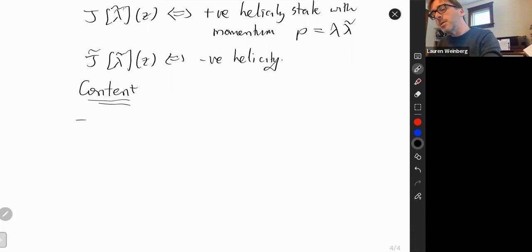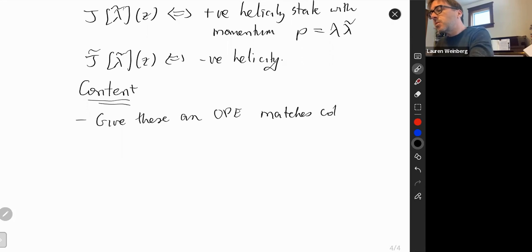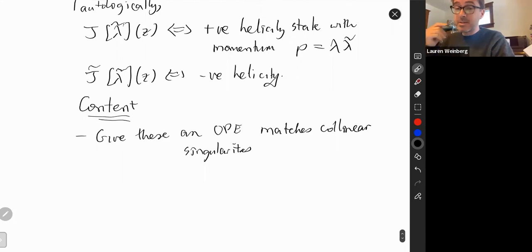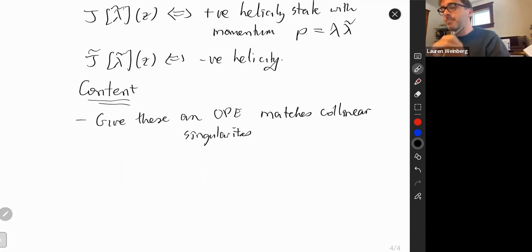So we'll give these an OPE, which matches collinear singularities. I should say what I'm doing is following what was done by Guevara, Himwich, Pate, and Strominger, although they only consider the positive helicity sector, but it's pretty much the same.